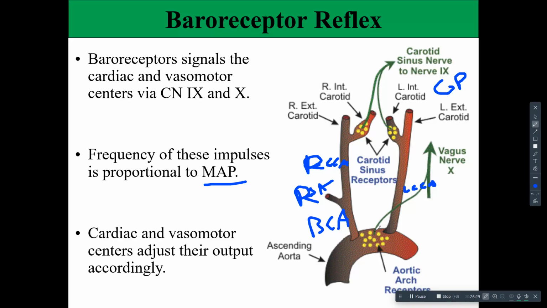So if blood pressure goes up, more signals go up to those cardiac and vasomotor centers, and then they adjust what they're doing in order to fix blood pressure. If blood pressure goes down, fewer signals travel, and these centers are going to adjust their output as well. So this is the baroreceptor reflex.